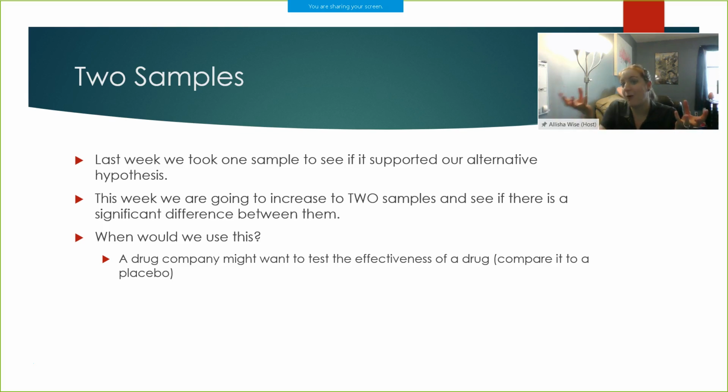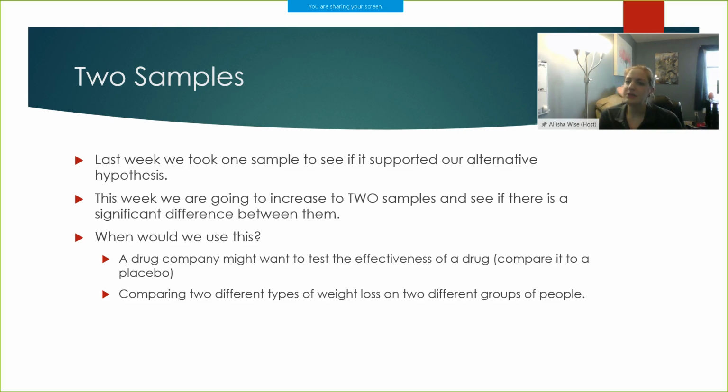And to see how well the drug actually works. This is especially true for weight loss drugs and such, where you've got the group that thinks they're taking the pill, but they're actually not, and you're comparing the 2. So doing 2 samples is very, very common. You might also compare 2 different types of weight loss drugs and 2 different groups of people.